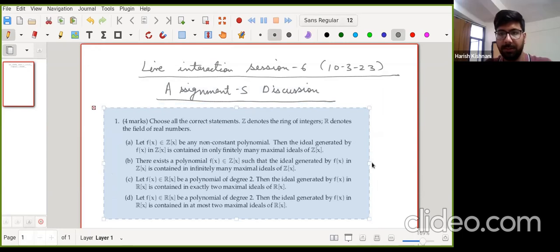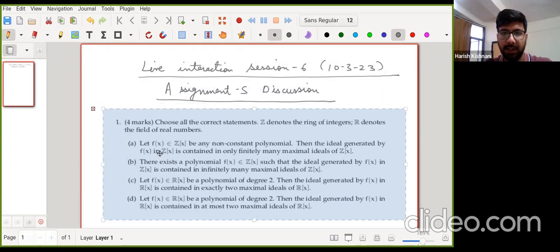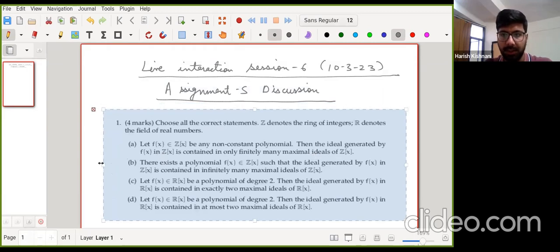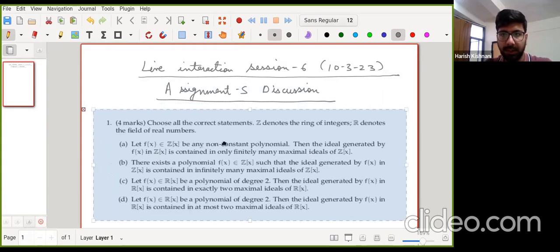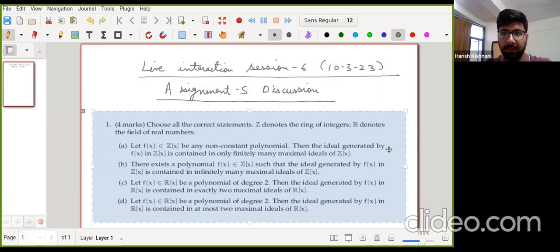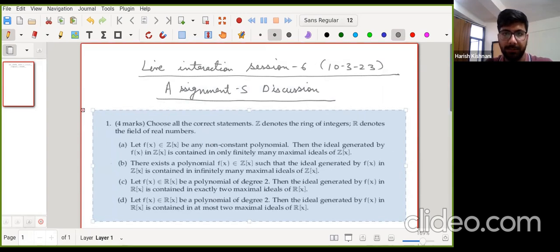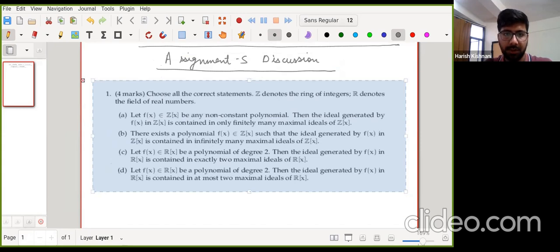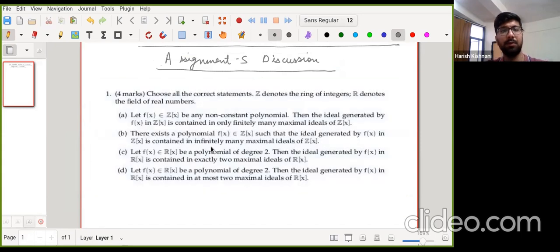Yes. So the first question is choose all the correct statements, and the notation is Z is the ring of integers, and R denotes the field of real numbers. So considering those notations, you are supposed to answer these four options, whether each is correct or not. The first option says let f(x) be any non-constant polynomial.